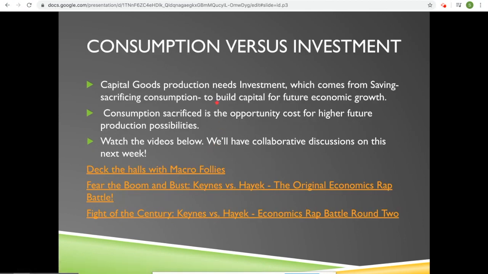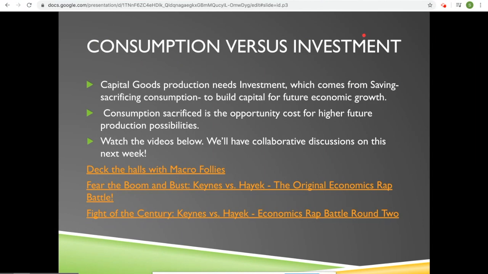The interesting point to note here is consumption versus investment. Now, capital goods production needs investment, which comes from saving, sacrificing consumption to build capital for future economic growth. So, consumption is also a component of your aggregate demand, and investment is also a component of your aggregate demand, right?